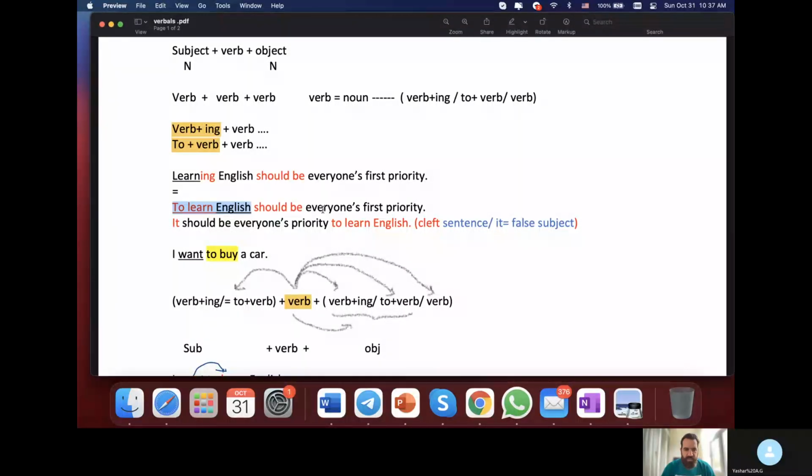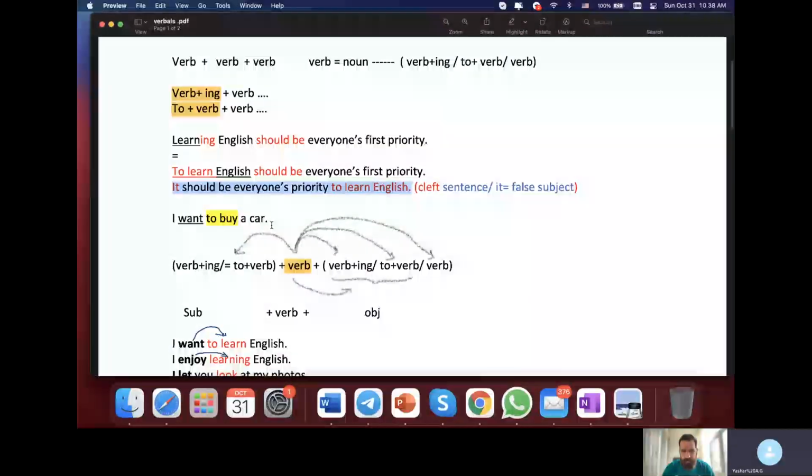So they say it should be everyone's first priority to learn English. This is called a cleft sentence. And if you can write one cleft structure in your IELTS writing, it would be noticed. It has a good score.